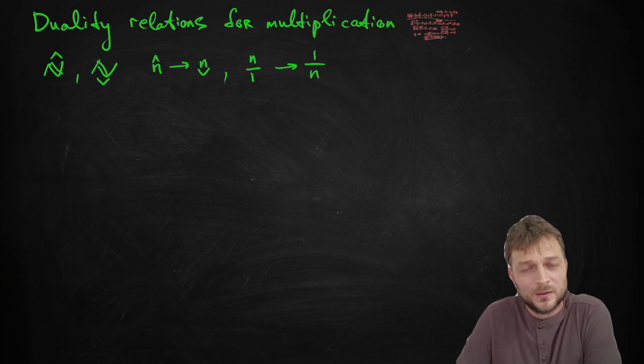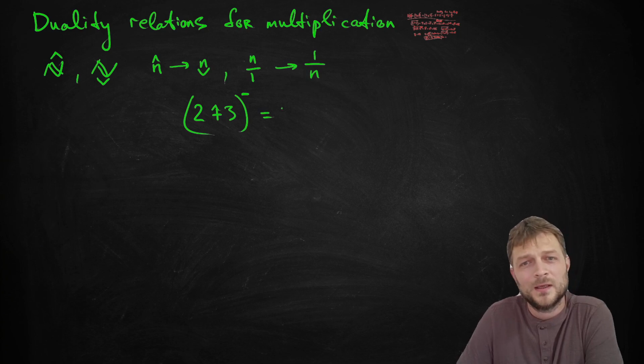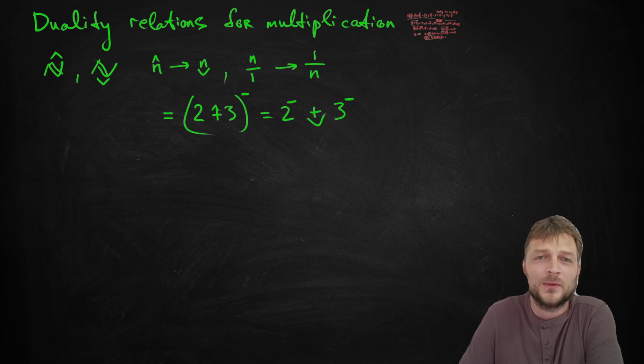So, writing it in terms of numbers, we could write that 2 plus 3, and we take the dual. We are saying that it's the same as dual of 2 plus dual of 3. So here, if we first compute what is inside parentheses, we get 5, and we take the dual, it's the same as 1/5.